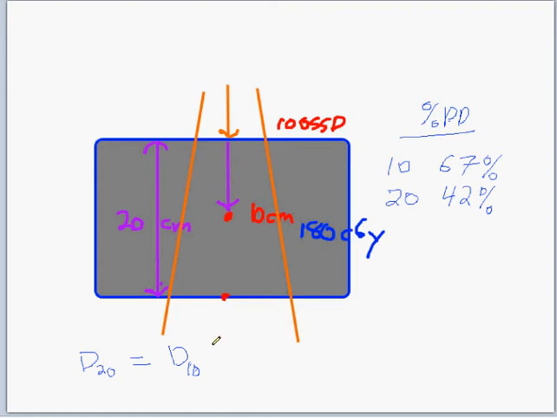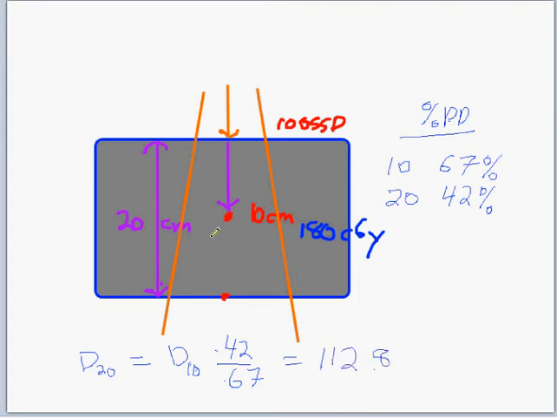So in that case, that would be 0.42 divided by 0.67. Depth at 10 is 180. And like I said, I went through the math in the last problem, but we got that was 112.8.